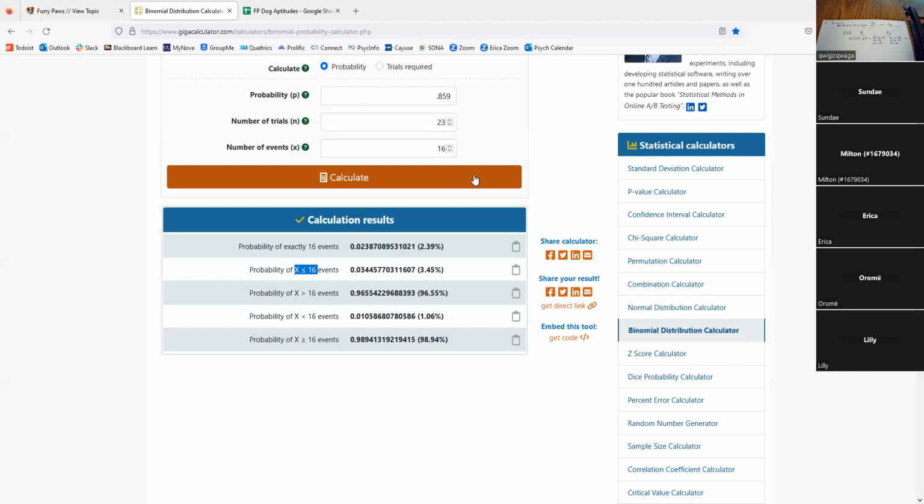So you want to know the odds of being that unlucky or unluckier. And then on the other side, if we were to do, let's say, 25%, I want to know what are the odds of getting 16 or more when I should have gotten way less? What are the odds of being that lucky or luckier? Does that make more sense?